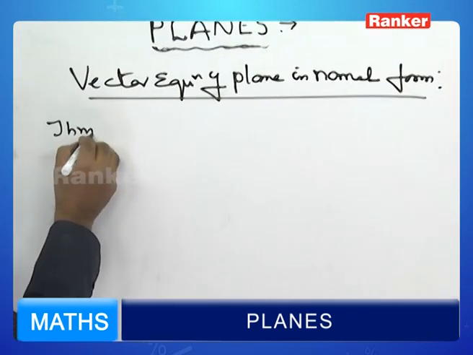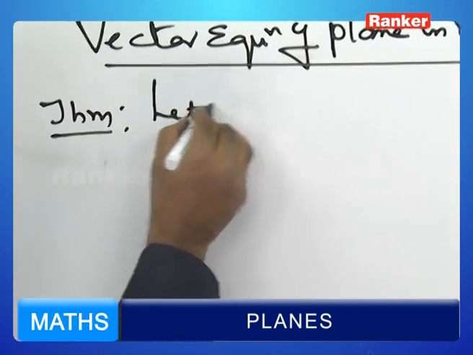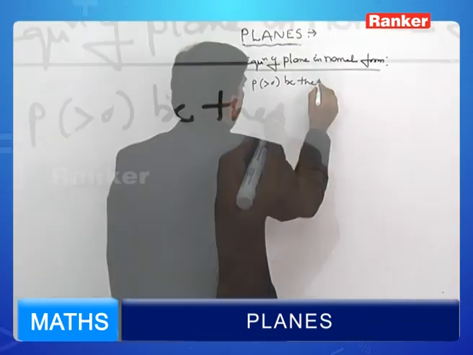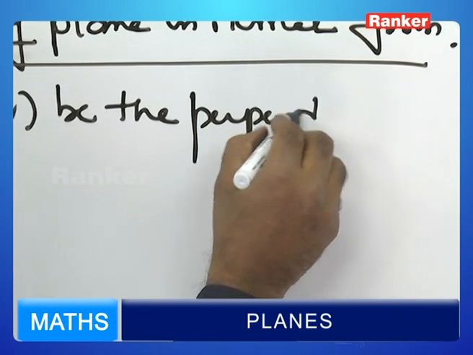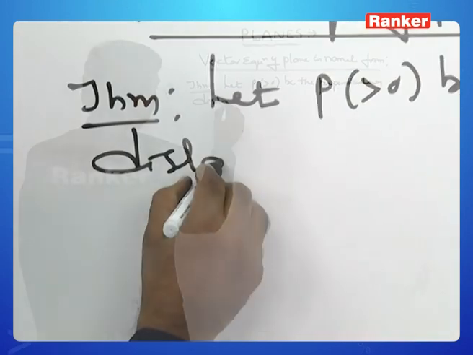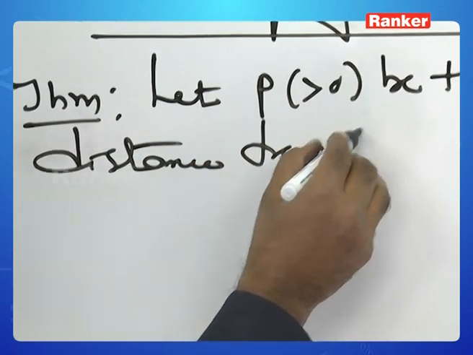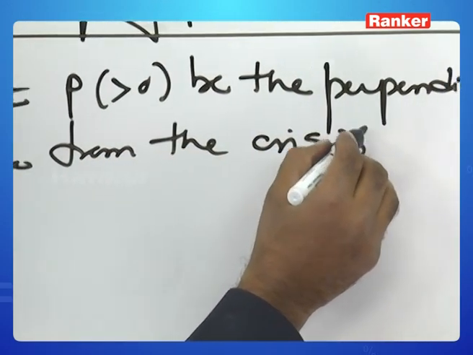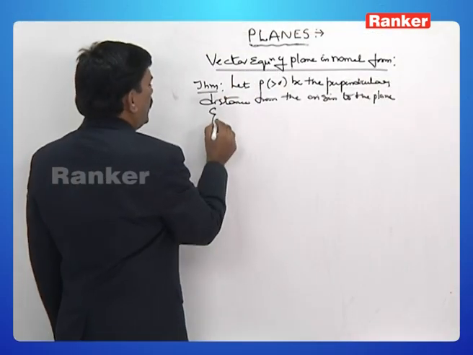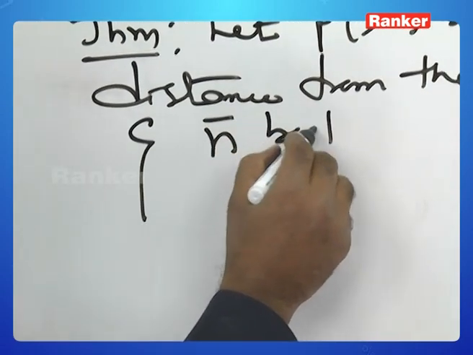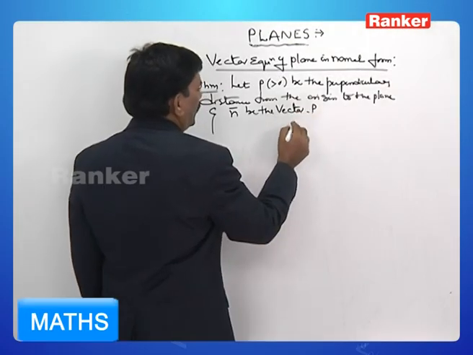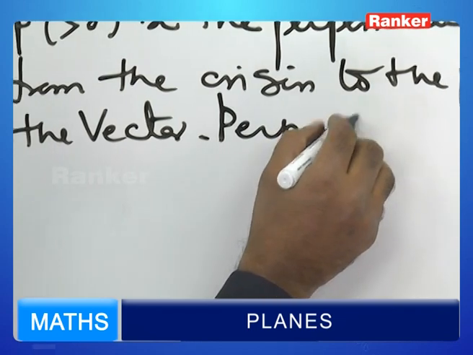What it says, let p greater than 0 be the perpendicular distance from the origin to the plane, and n bar be the vector perpendicular to the plane.